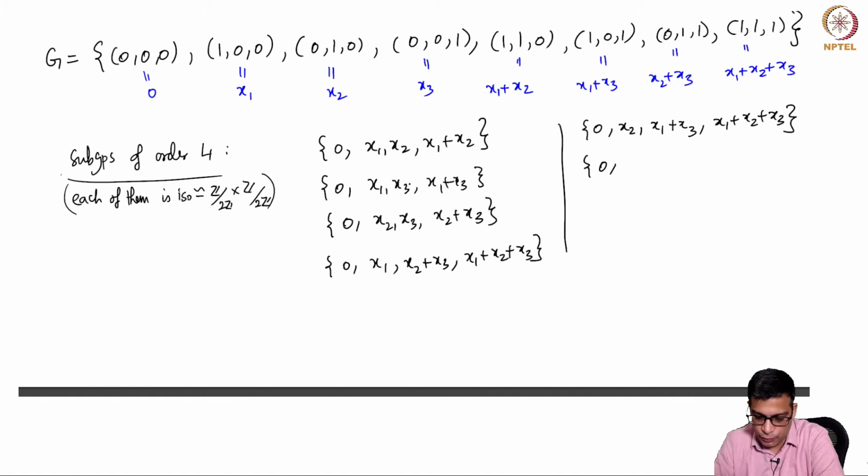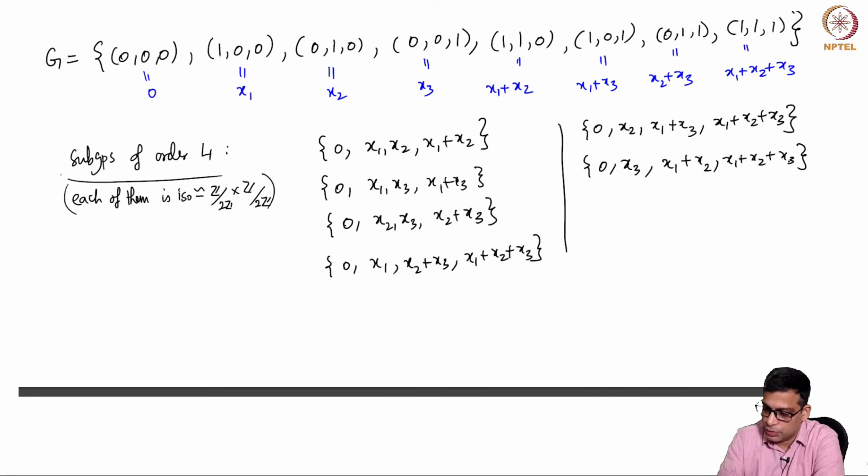Okay, now I have 3 with x2, so that's already done. So I have 1, 2 with x3. So I'll take a third one with x3. With x3 I have covered x1 and x2, x1 plus x3, x2 plus x3. So let's take x1 plus x2. x1 plus x2 is not there, so I'll do x1 plus x2 plus x3. Okay, so I have 6 of them. So is there anything left?